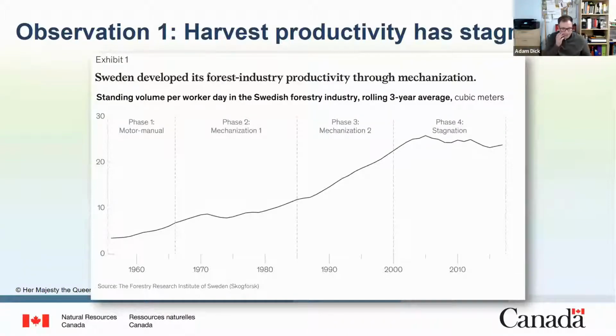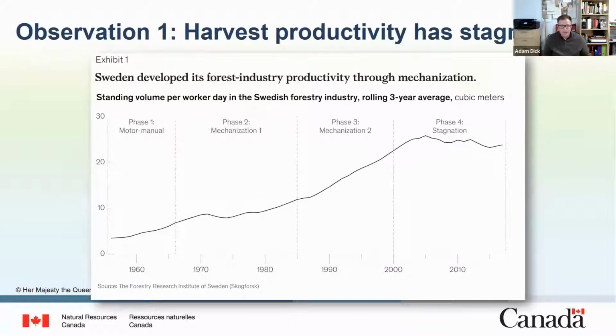The first observation they made was that harvest productivity, for the past 20 years or so, has really stagnated, at least in Sweden. There were large gains in productivity through moving from horses and rudimentary harvesting equipment into chainsaws, into the first mechanization, cable skidders and grapple skidders and so on.